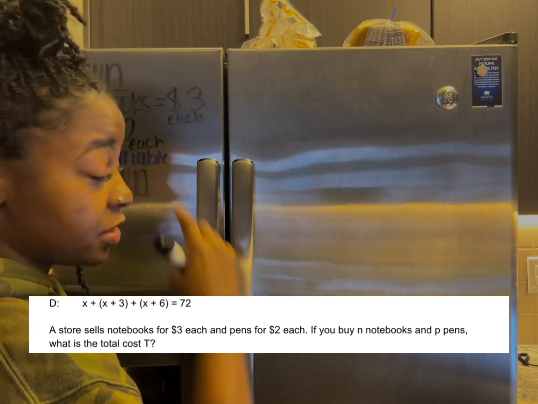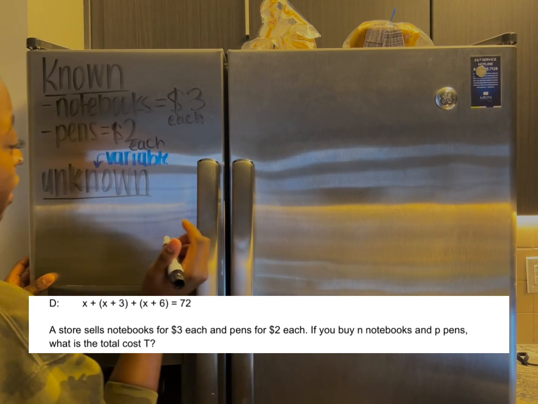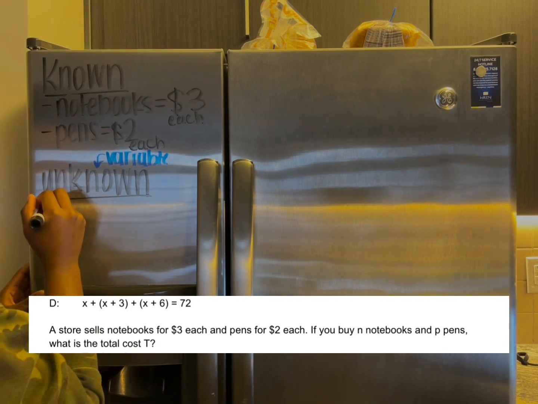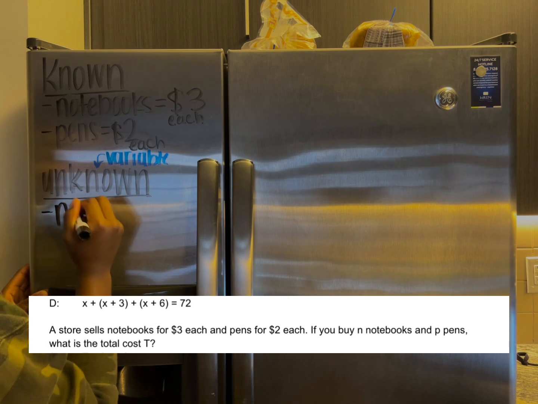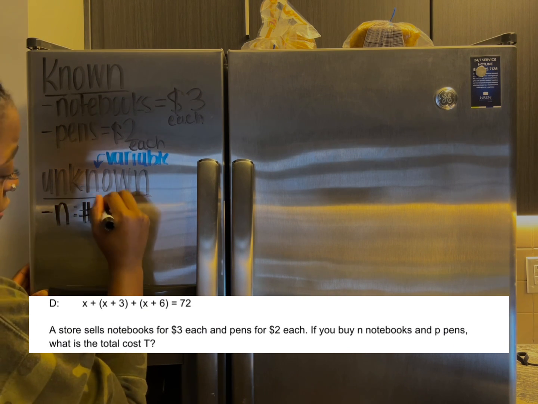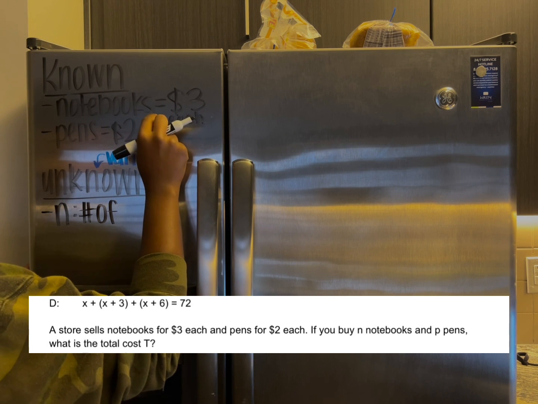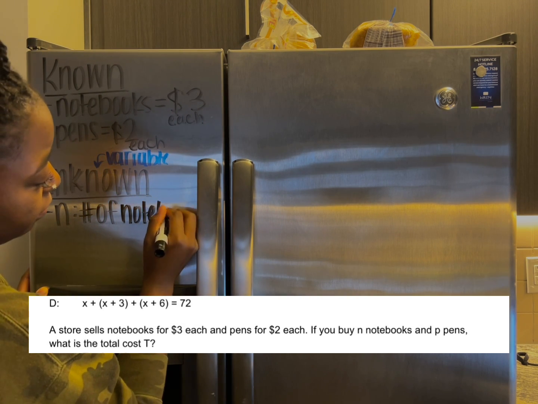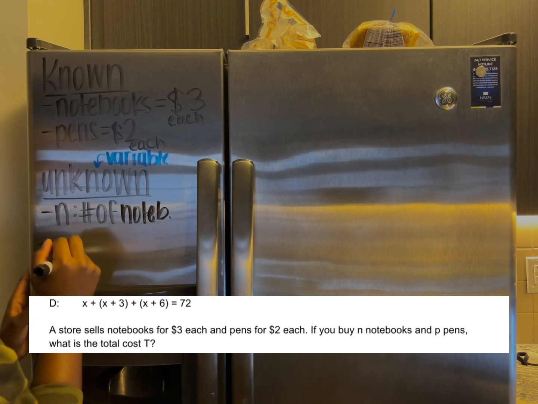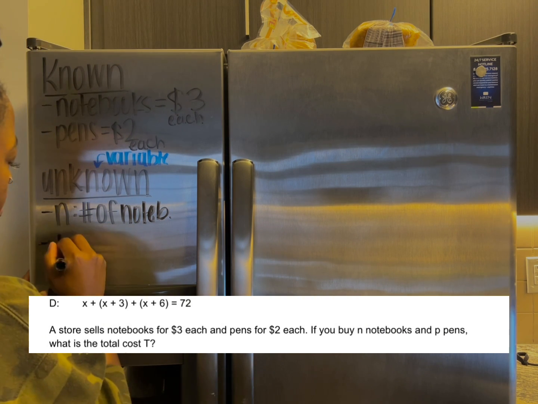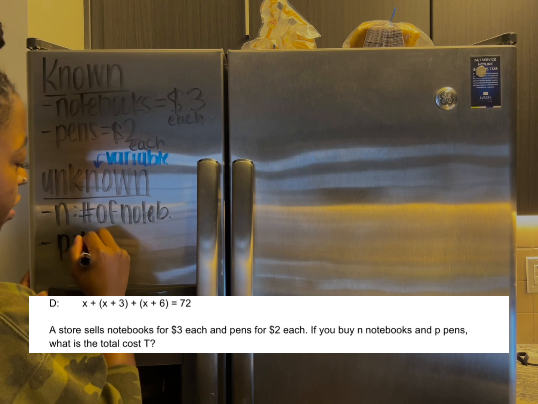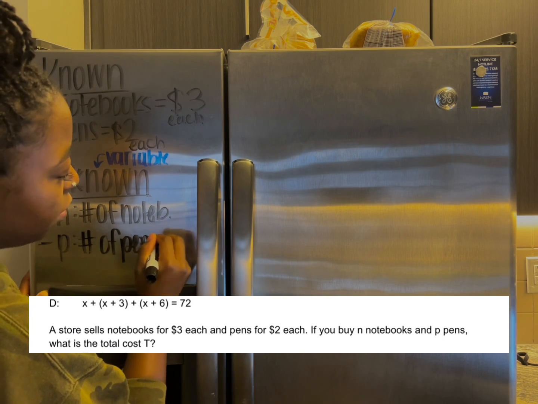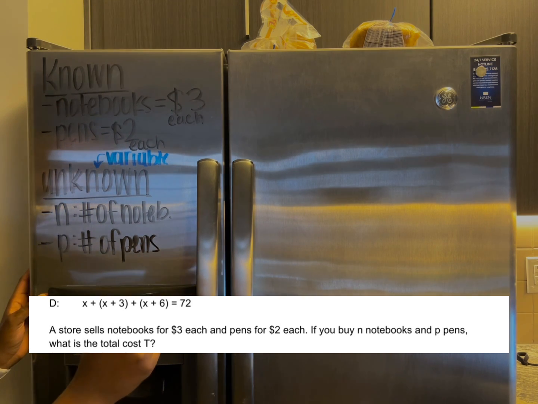Wherever I see numbers, I know something. Now, the variables which they already gave us, N represents the number of notebooks. So I know the price for each notebook, but I don't know how many notebooks I bought. P is the same thing, the number of pens. So I know how much they cost, but I don't know how many I bought.